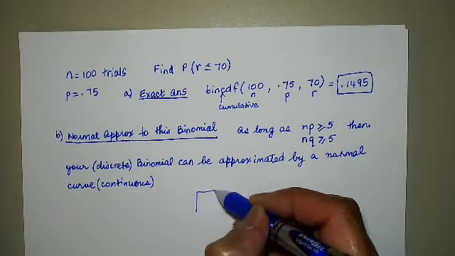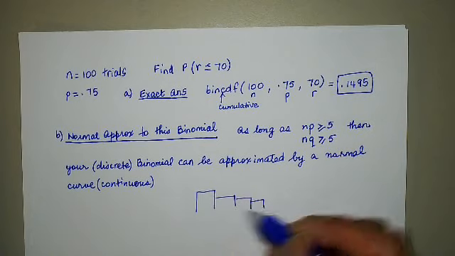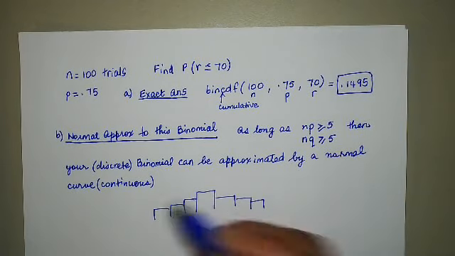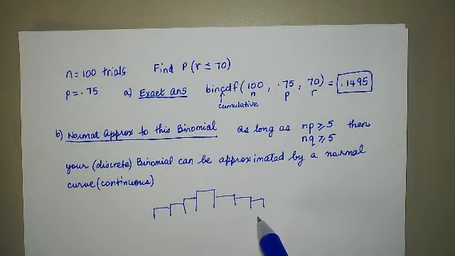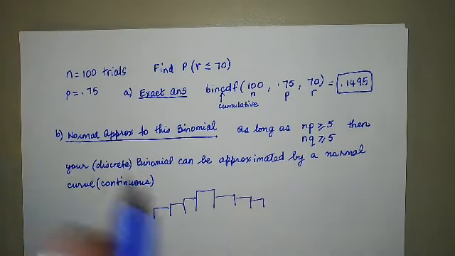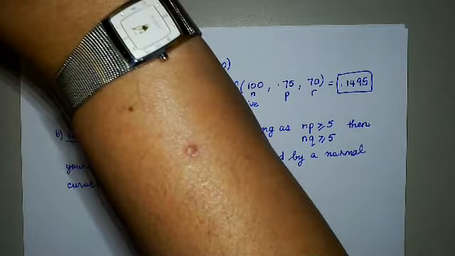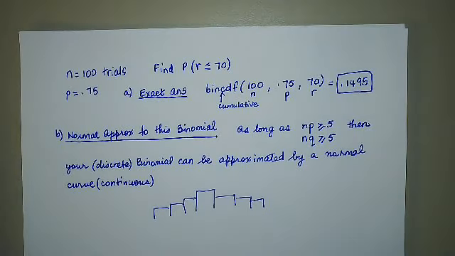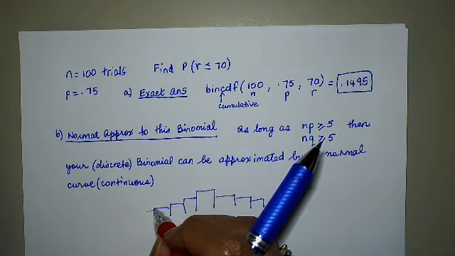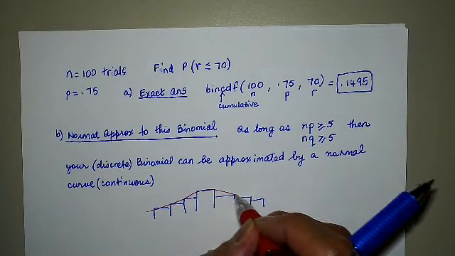So what I'm trying to say is this. You have some discrete distribution like this. And instead of doing this by discrete methods, because I'm going to be confiscating the calculator, you're going to approximate it by a normal curve such as this.